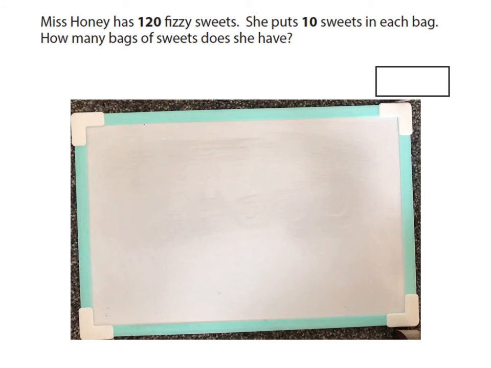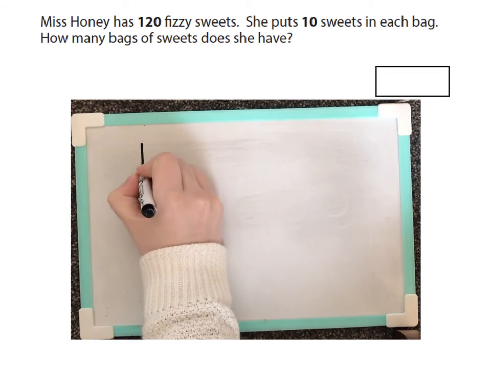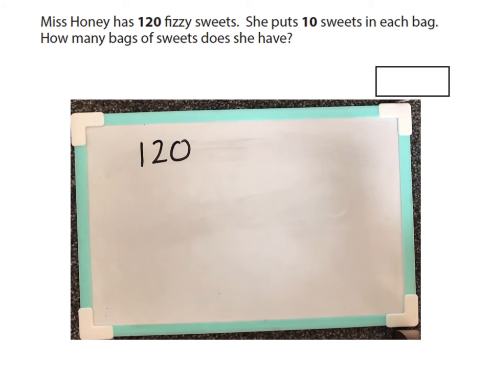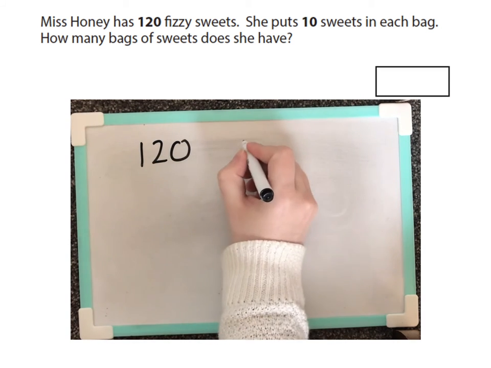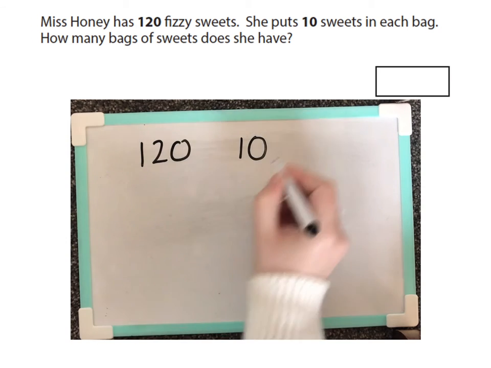Miss Honey has 120 fizzy sweets. She puts 10 sweets in each bag. How many bags does she have? Right, I can see my two key numbers, and there's the word each, which means that we'll be dividing. 120 is my important number, and 10, and I am dividing.